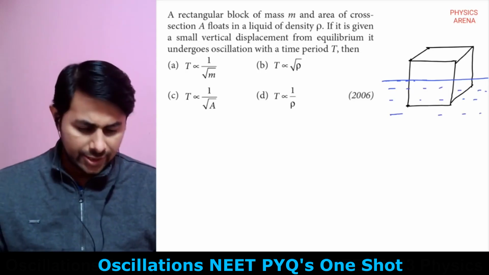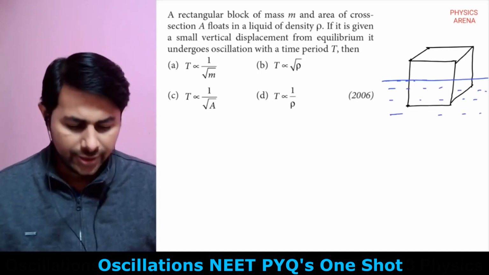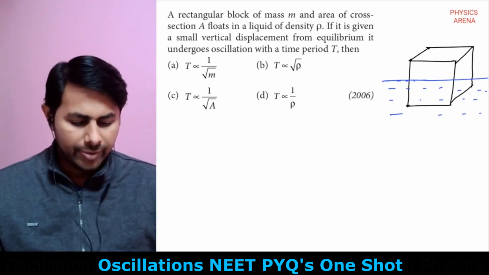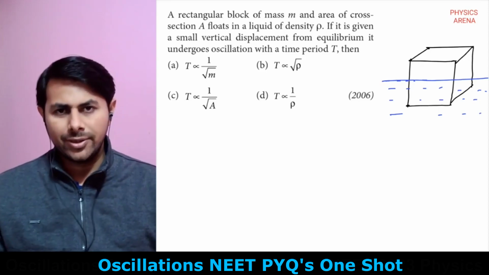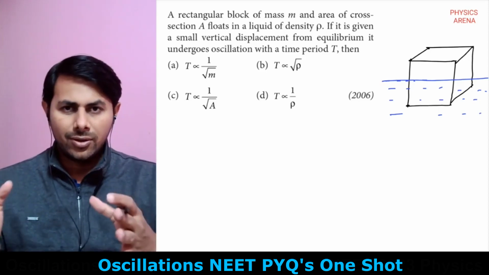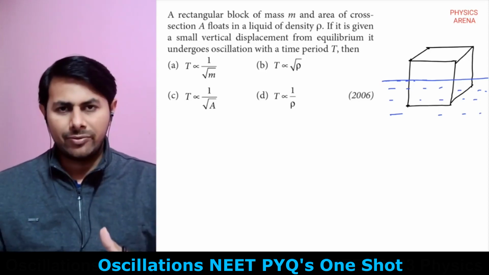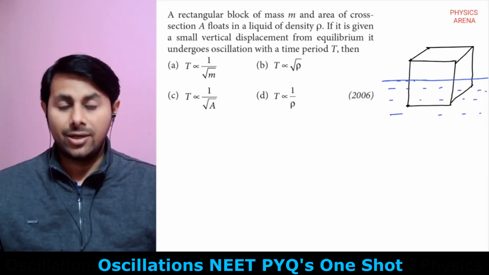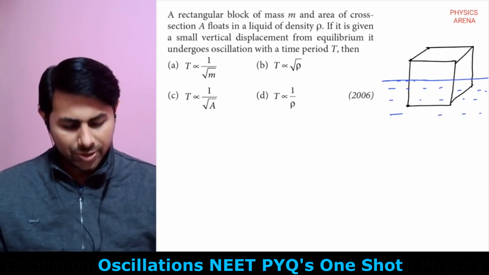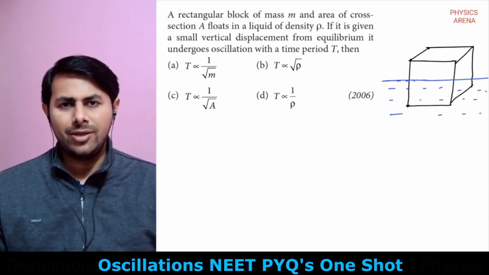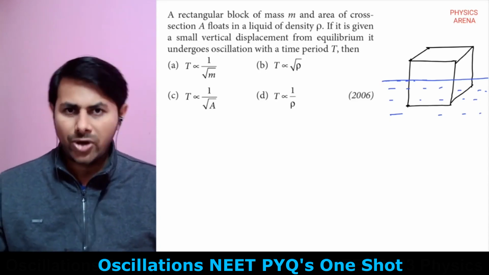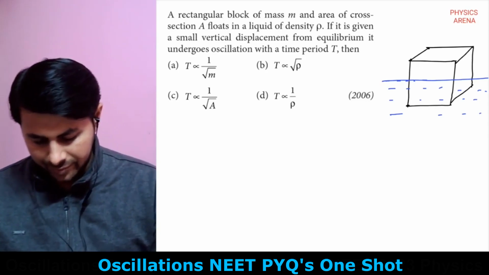There is always an upward force acting on it due to the liquid, because of which it floats. And how much is that upward force? It is equal to the weight of the volume of liquid which gets displaced by this block. This is Archimedes principle, the law of buoyancy.